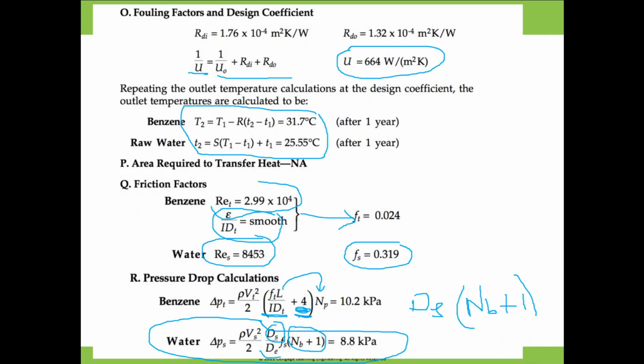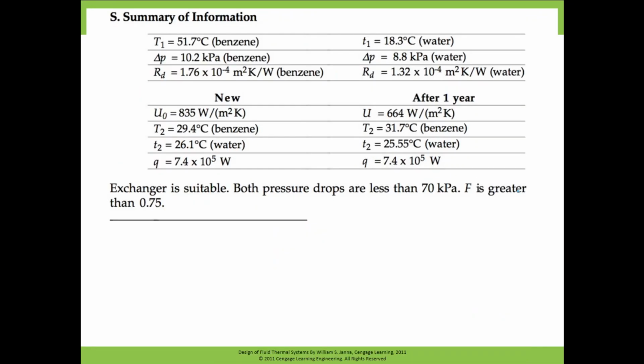As a summary of the information that we have analyzed until now, when our heat exchanger is new, these are the performance parameters, and when our heat exchanger is old, these are the performance parameters. In the old case we have taken into account the fouling factor, but when it is new we have not.